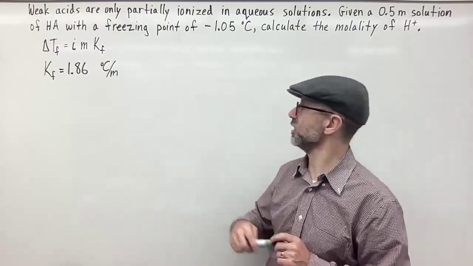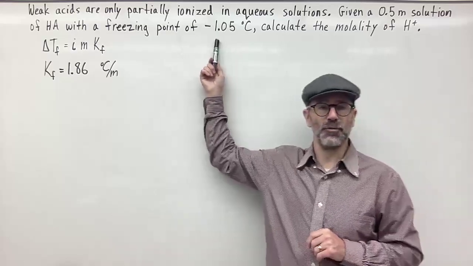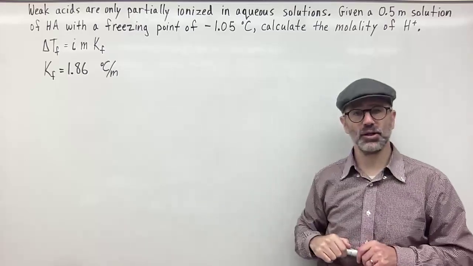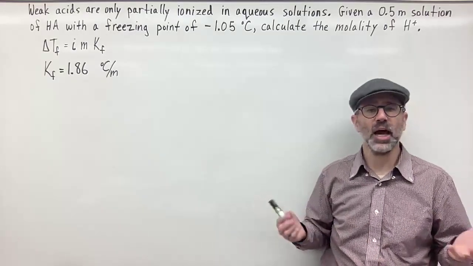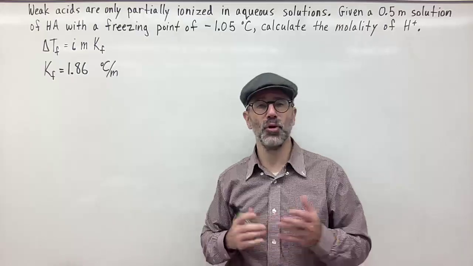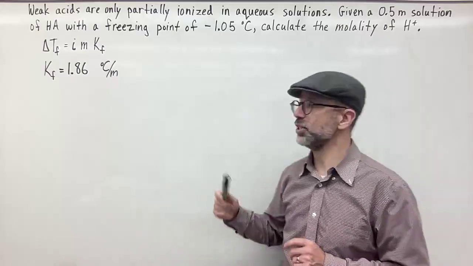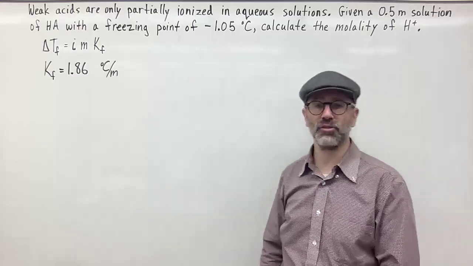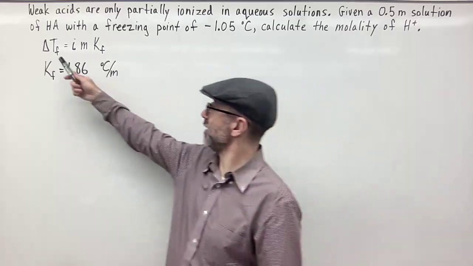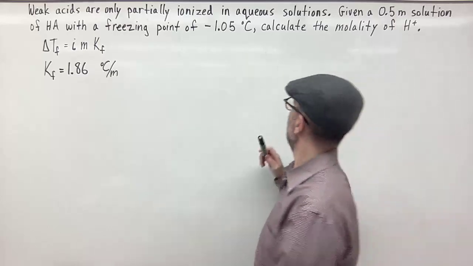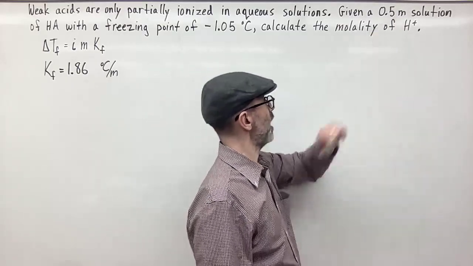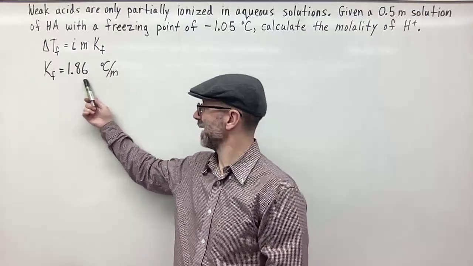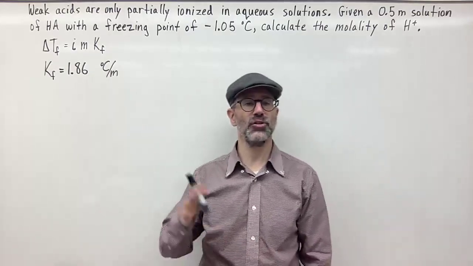So using the information they gave us, a freezing point depression of 1.05 degrees Celsius. We know that the freezing point of pure water is 0 degrees Celsius. So the change in the freezing point is 1.05 degrees Celsius. We have the molality of the solution, 0.5, and we have the Kf for water, which is 1.86 degrees Celsius per molal.